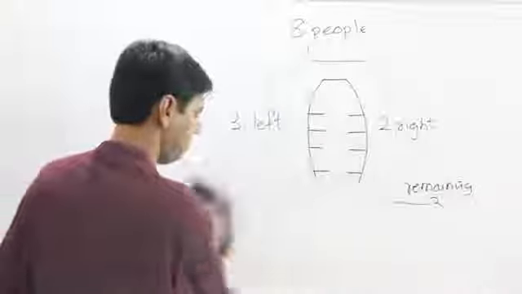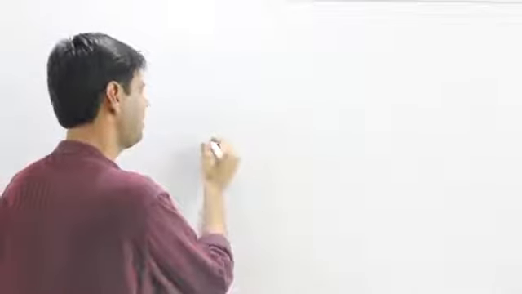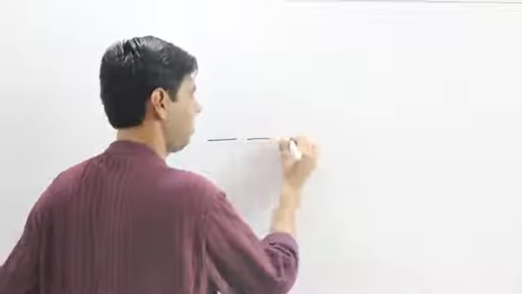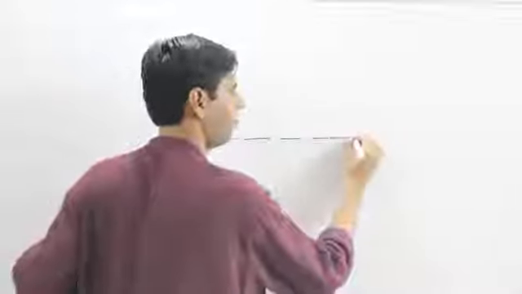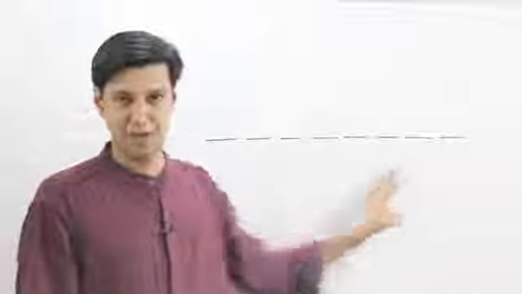Another example. This time, instead of people, we will be arranging, let's say, cars. So there is a parking lot with 8 different slots, 1, 2, 3, 4, 5, 6, 7 and 8. So there are 8 marked slots in a parking lot.